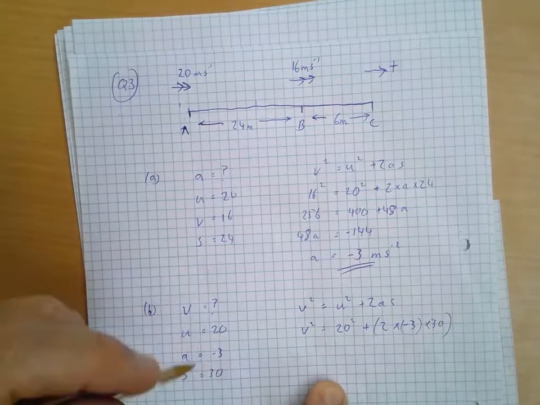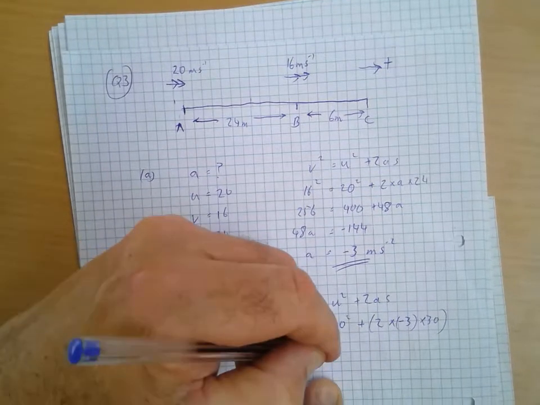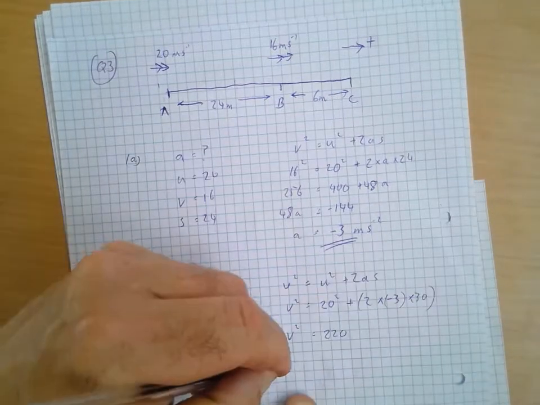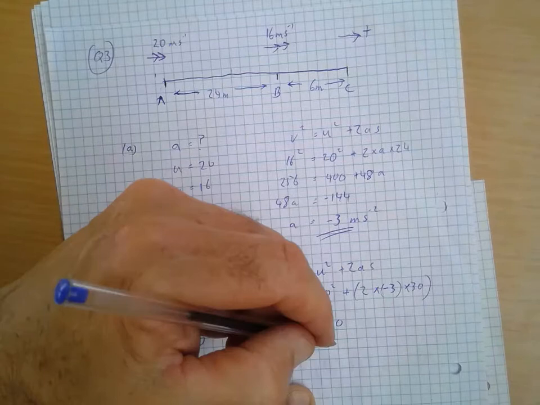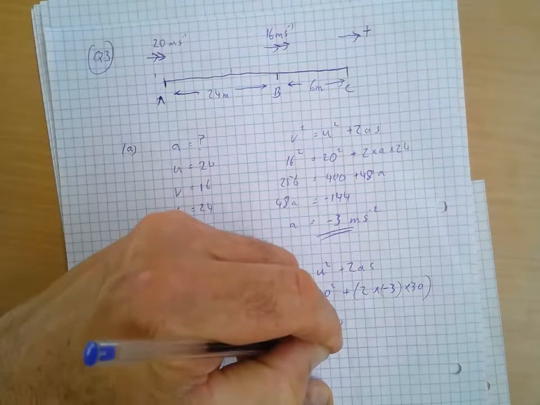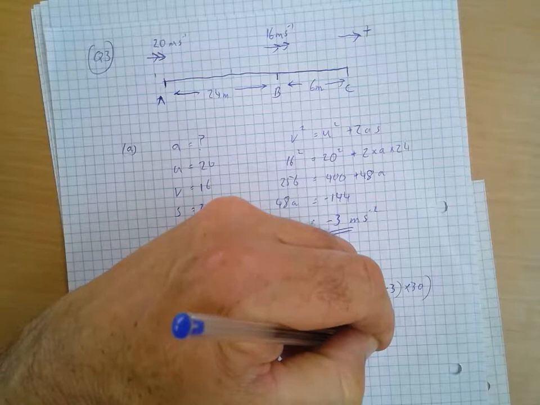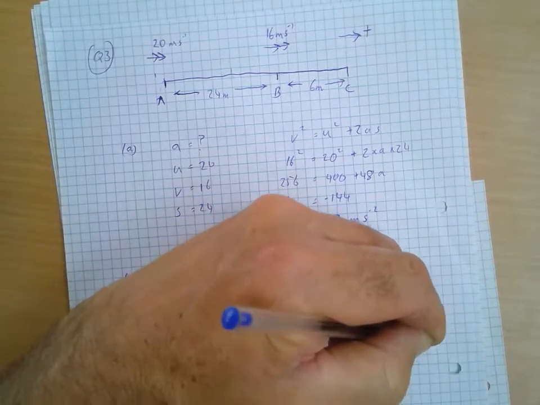And that gives me V squared equals 220. So V equals 2 root 55, approximately equal to 14.8 meters per second to the minus 1.